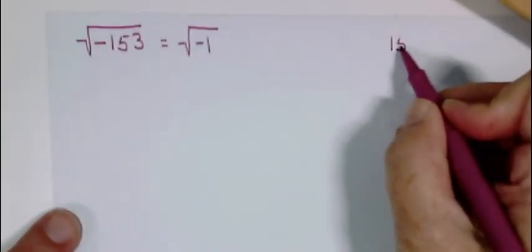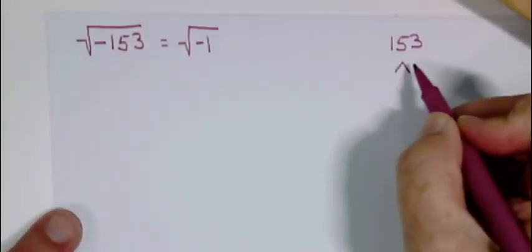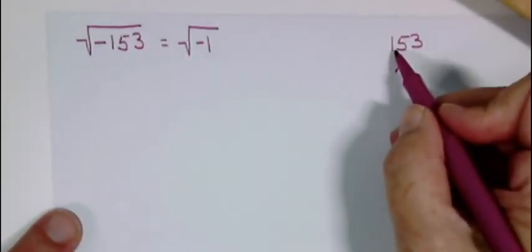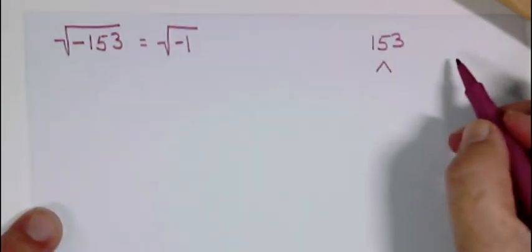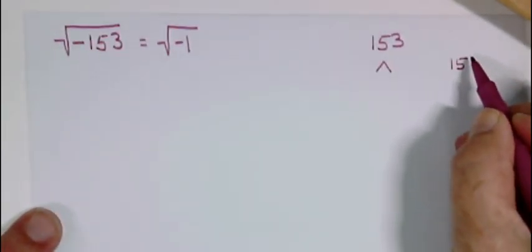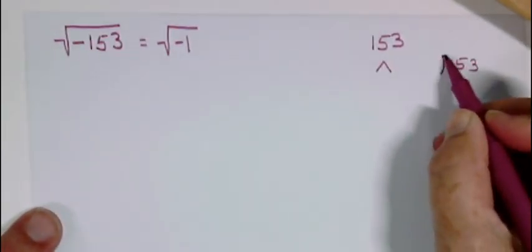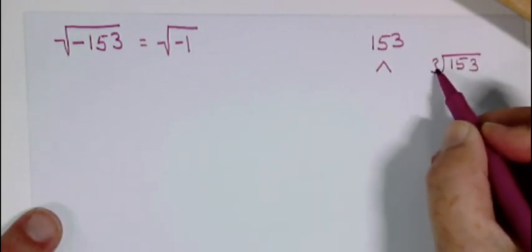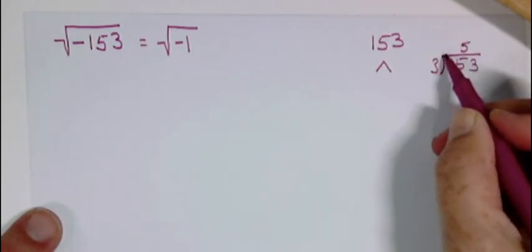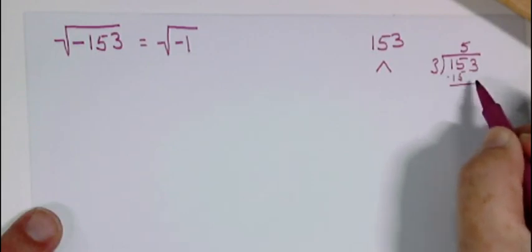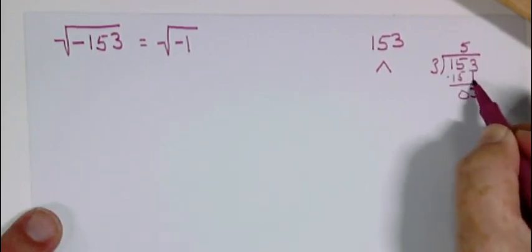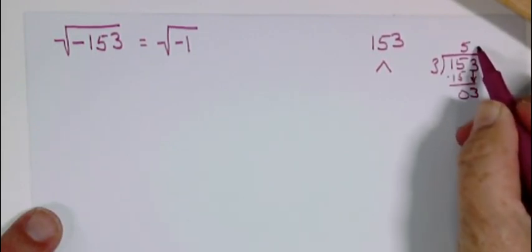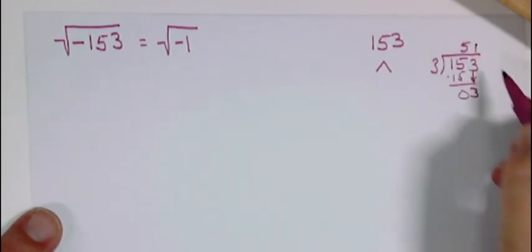And so I would do 153. Well, this is going to be divisible by 3 because 1 plus 5 plus 3 equals 9, which is divisible by 3. 3 goes into 15 5 times. And 3 goes into 3 1 time.